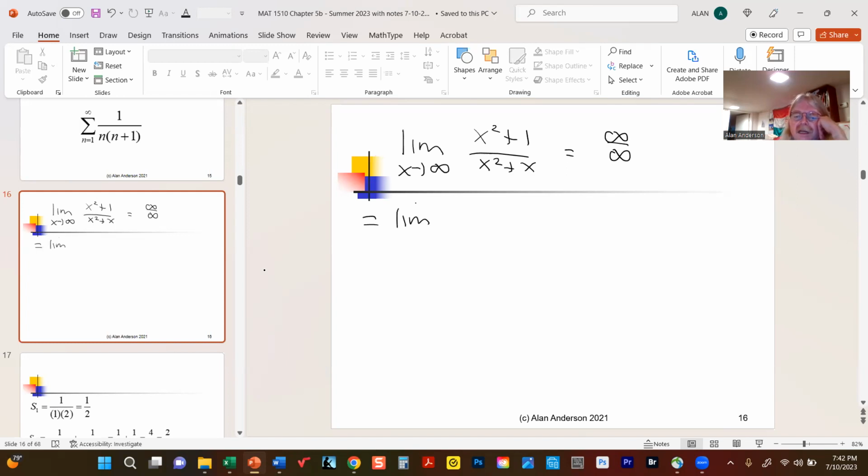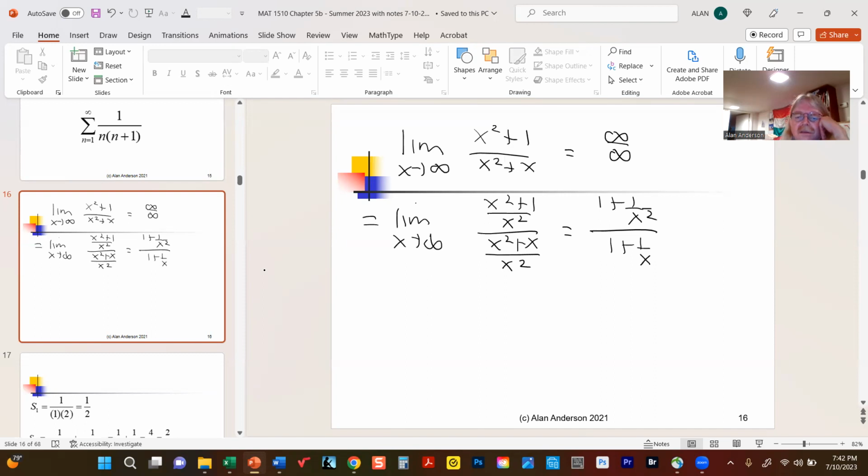Since you've got x squares in the numerator and the denominator, if you divide the numerator and the denominator by x squared, you'll have 1 plus 1 over x squared divided by 1 plus 1 over x.